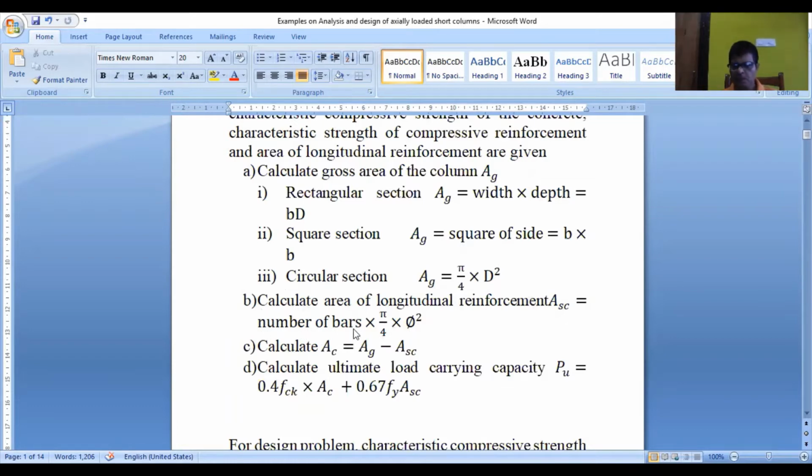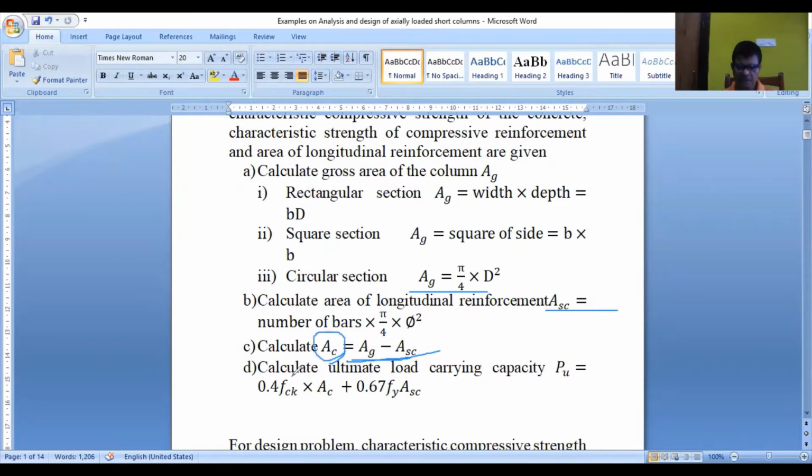So if you know the number of bars, multiply with this, and that will give you the area of longitudinal bars. Then you can find the area of concrete. Area of concrete is equal to gross area minus area of reinforcement. So once you find your ASC and AG, the area of concrete is equal to the gross area minus steel area.